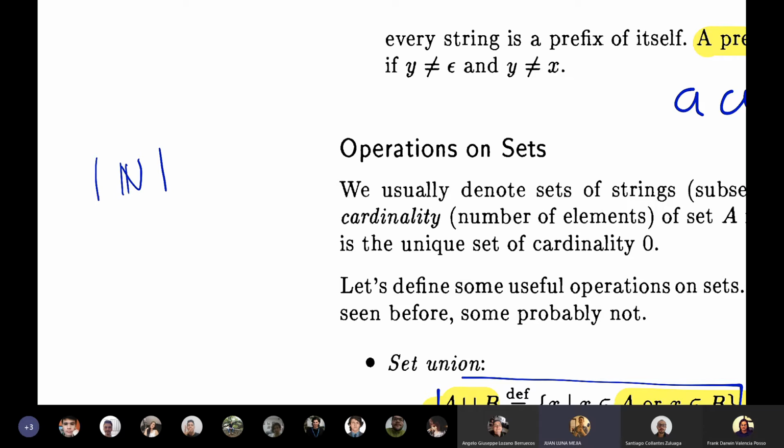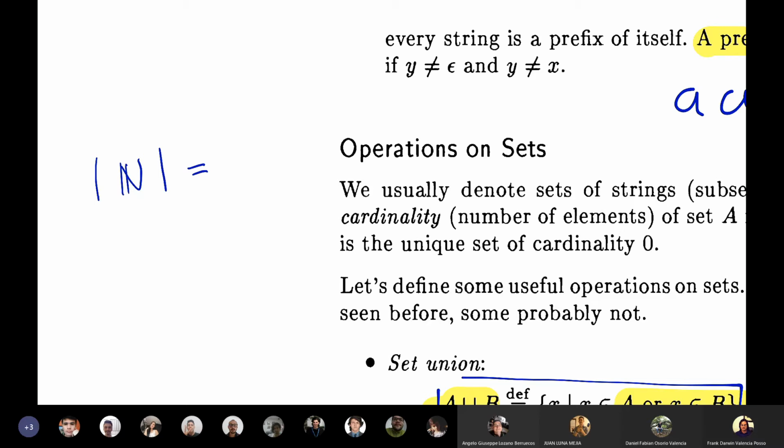And by cardinality, do you mean the number of elements in a set, right? Yeah, if they are finite, it is the number of elements, but if they are infinite, isn't it like the property of natural numbers, for instance, that they are enumerable? I don't know how to say that exactly in English. Exactly, yeah, enumerable.